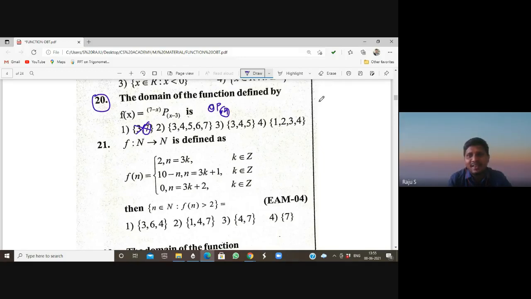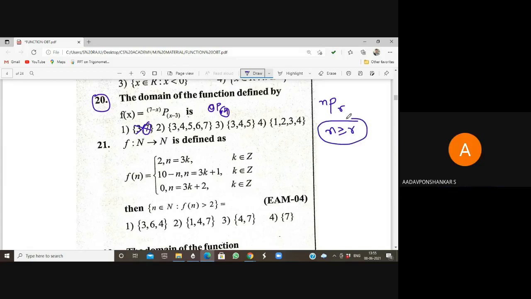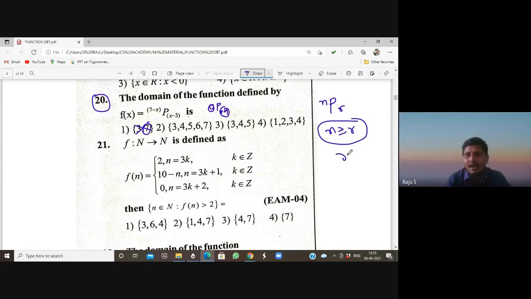See here, nPr. What about n? N must be greater than or equal to r, so r is less than or equal to n. When you take 7, what do we get? 0P4. Is this right?